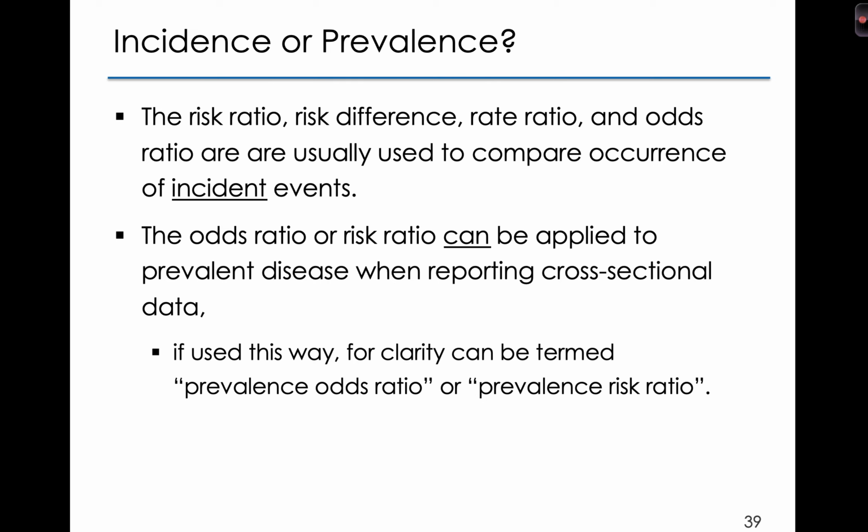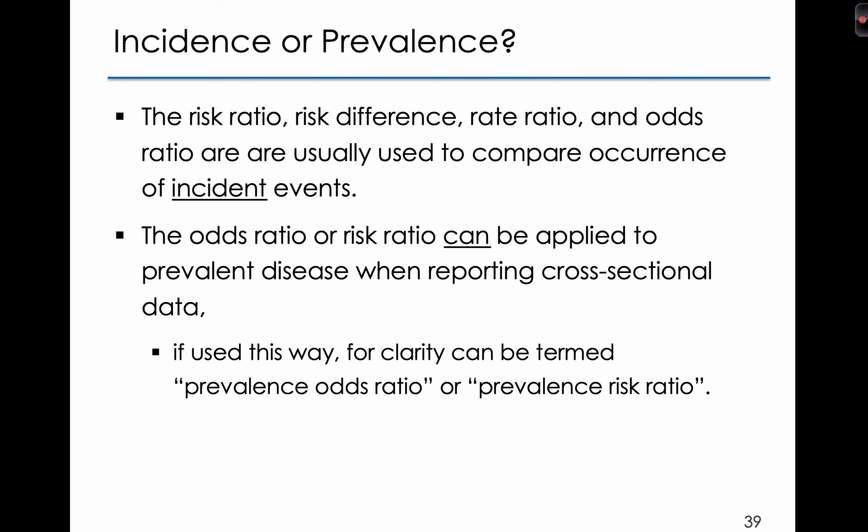However, the odds ratio or risk ratio can be applied to prevalent disease when reporting cross-sectional data, or other prevalent conditions. The prevalence of hepatitis C virus was one example that we had talked about. So if you have two different groups and you want to compare their cross-sectional prevalence of hepatitis C virus, you can calculate an odds ratio or a risk ratio.